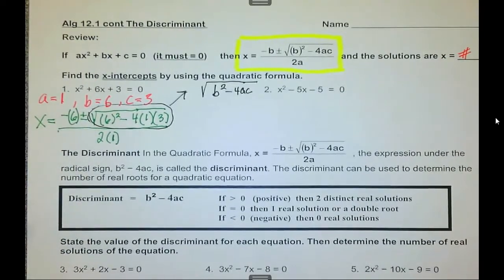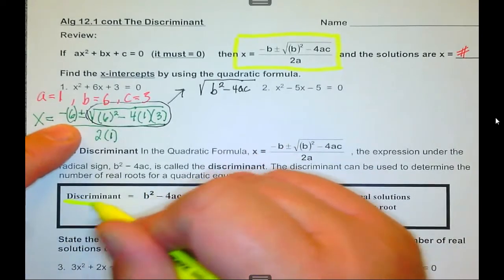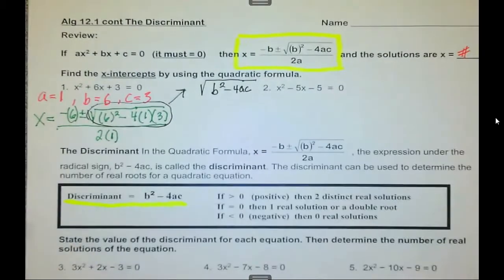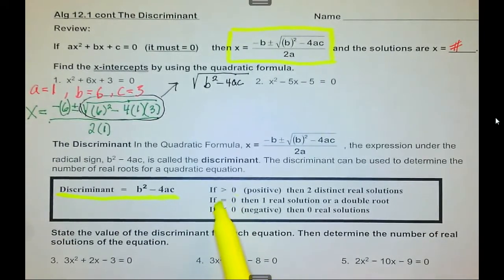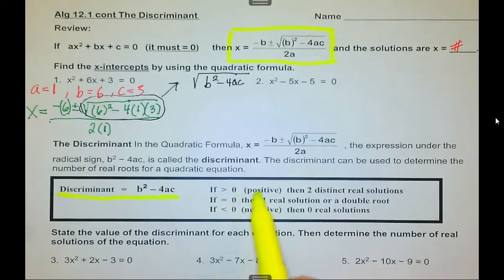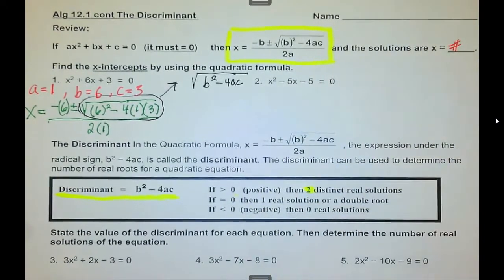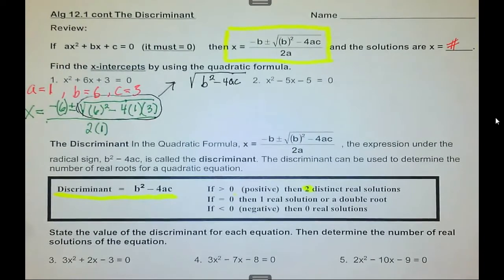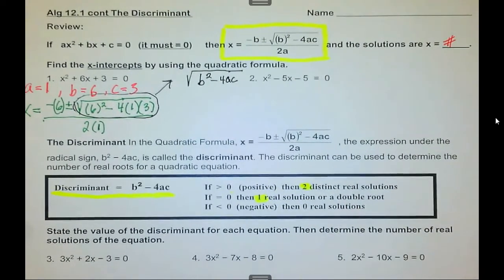That's what this chart down here is all about. The discriminant, b squared minus 4ac, if it is positive, mathematically we say greater than 0, then there are 2 real solutions. If b squared minus 4ac equals 0, then there's 1 solution.